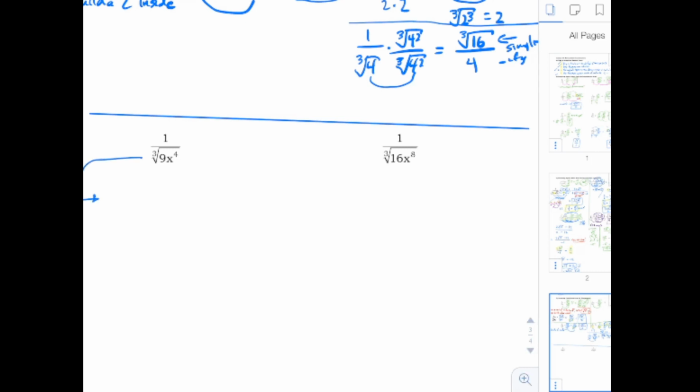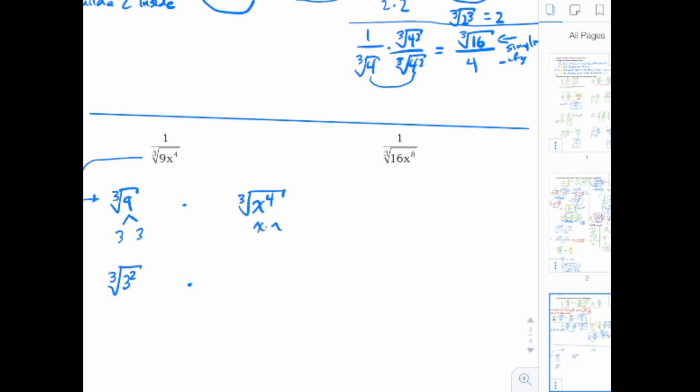First, I'm going to simplify. And my habit is to break this up as the 9 and the x to the 4th separately, because there are different games you play with the 9 and different games you play with the x, right? So the 9, you just tree it out, and that's all you're going to get is 3 times 3. So it's useful, though, to call that a 3 squared. Over here, you'd have the x to the 4th.